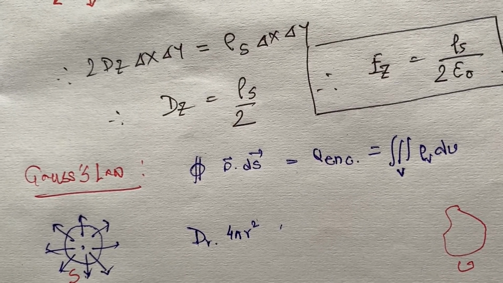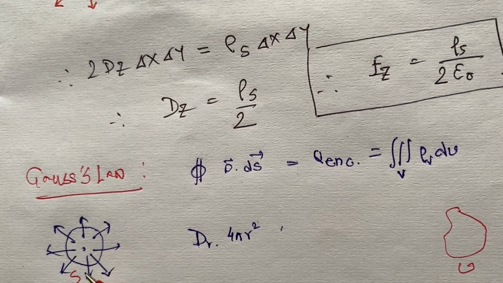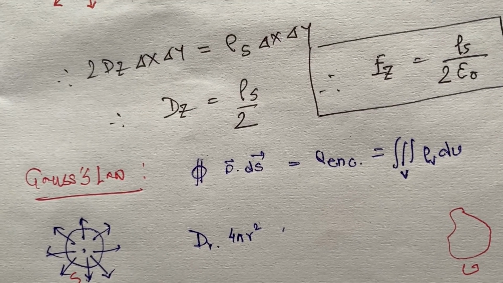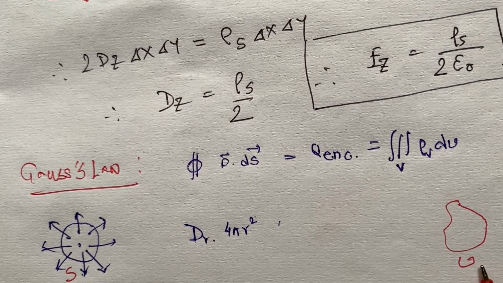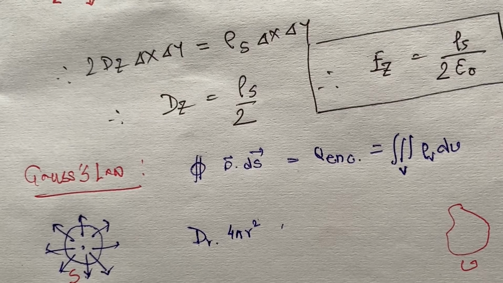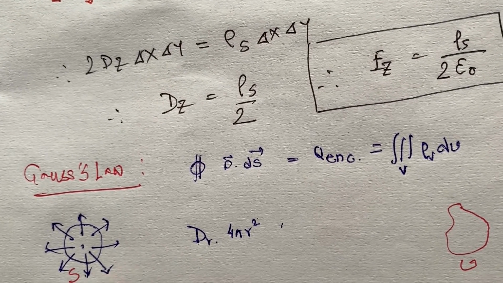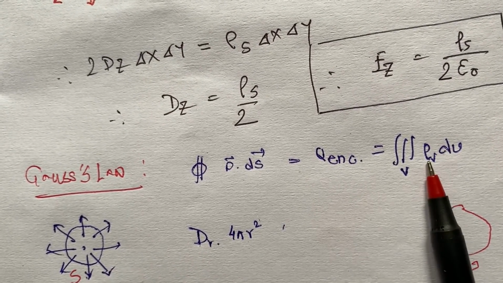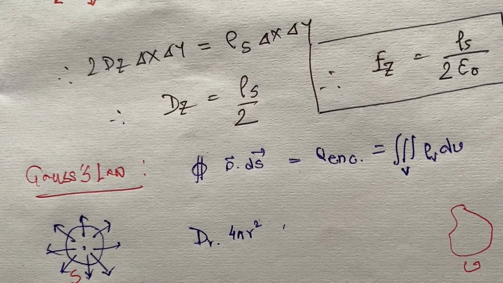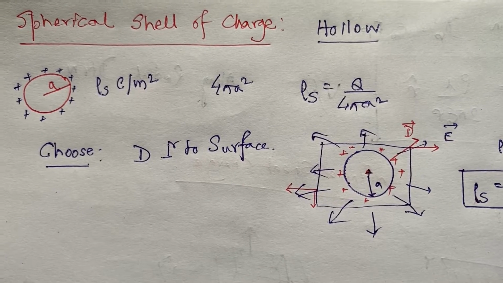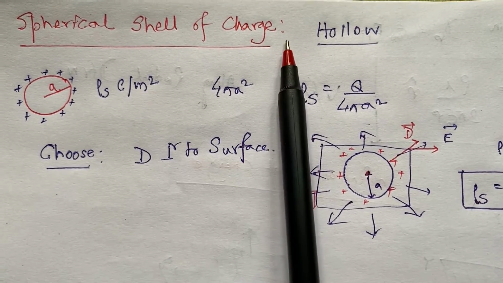You cannot apply Gauss's law if you have chosen the surface at one place and the volume of integration at some other place. This is completely forbidden. The surface must enclose this volume. That is the prime requisite of Gauss's law. Then what we are going to consider here is a spherical shell of charge.